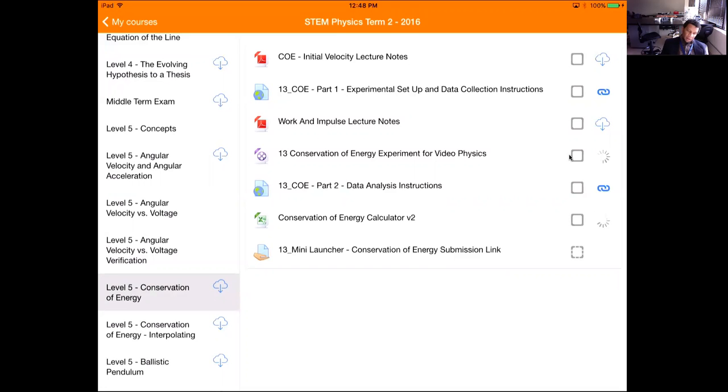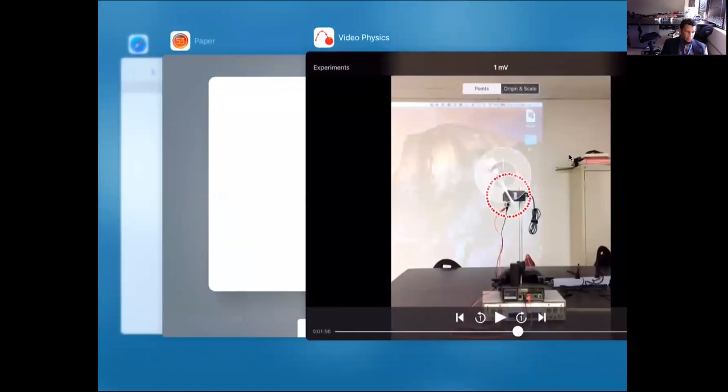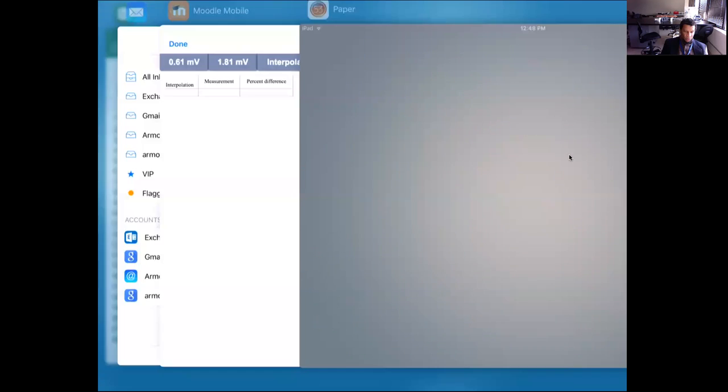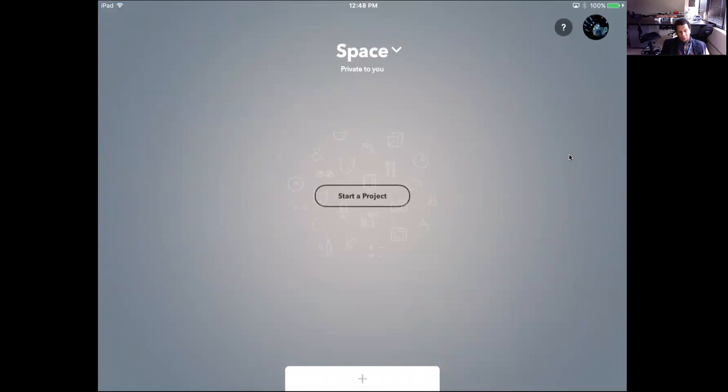Okay, so let me just get out of this and let's go to paper, 553. And this will probably need to refresh. So let's create a new space. And even though we're going to be talking about the conservation of energy, you know what?